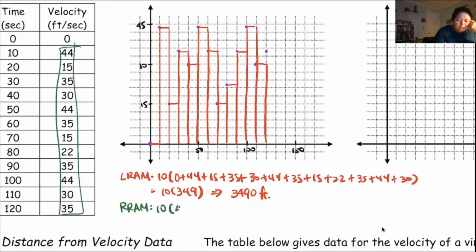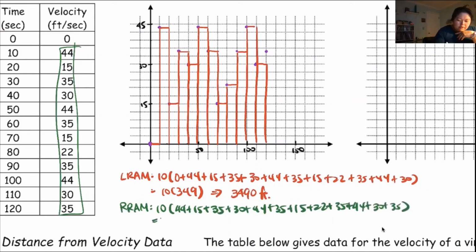So it's going to be 44 plus 15 plus 35 plus 30 plus 44, 35, 15, 22, 35, 44, 30, and 35. And that would give me 10 times 384, which gives me an approximation of 3,840 feet.